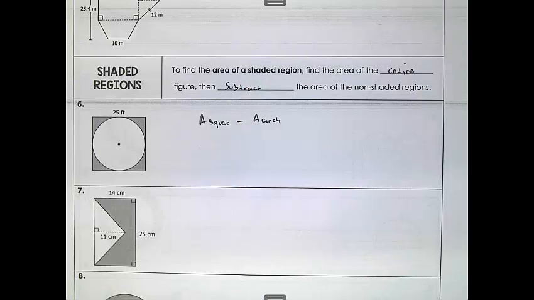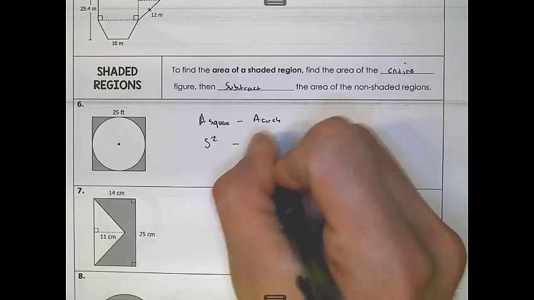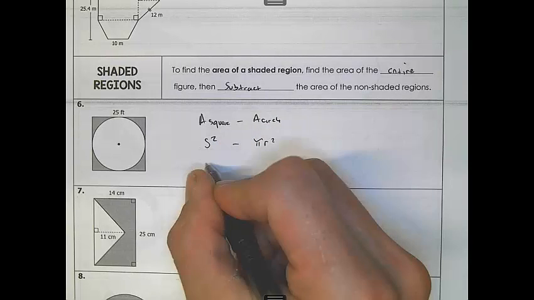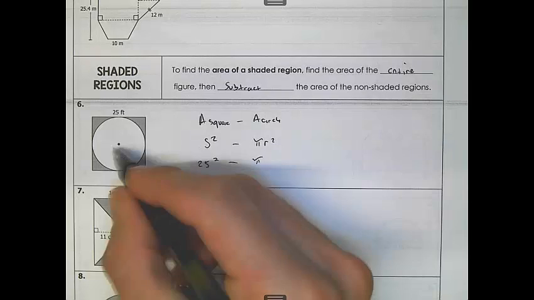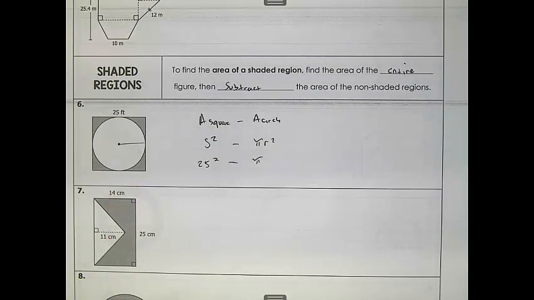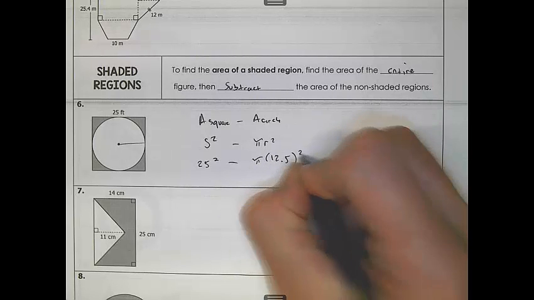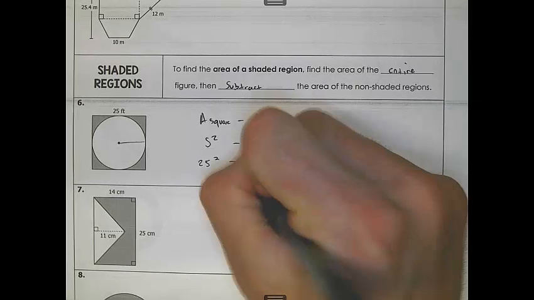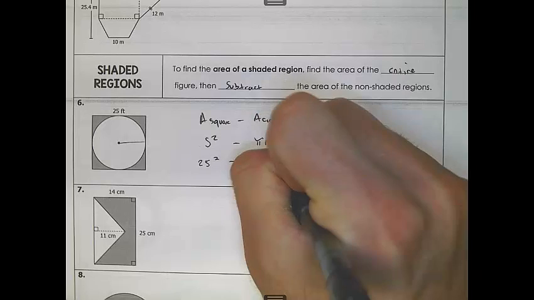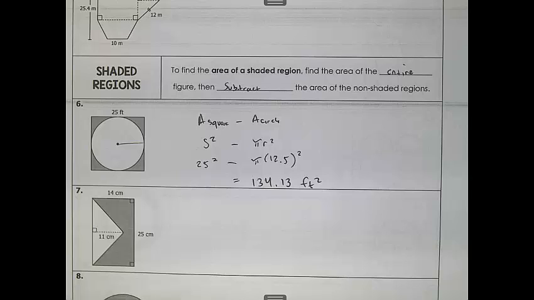Area of a square is just side length squared, and area of the circle is pi r squared. So we have 25 squared minus pi, and then the radius of the circle is going to be 1/2 of 25, which is 12.5. And that should give us the right answer if we do that, and we'll round it to the nearest hundredth again: 134.13 square feet.